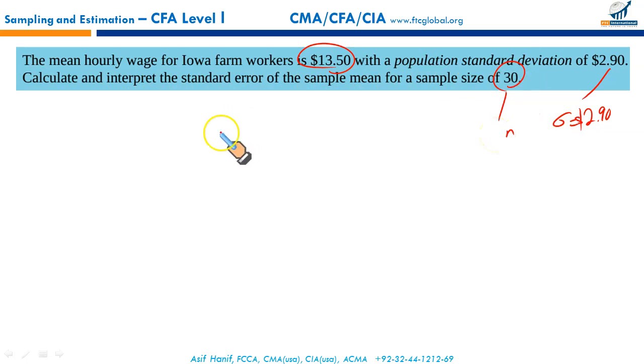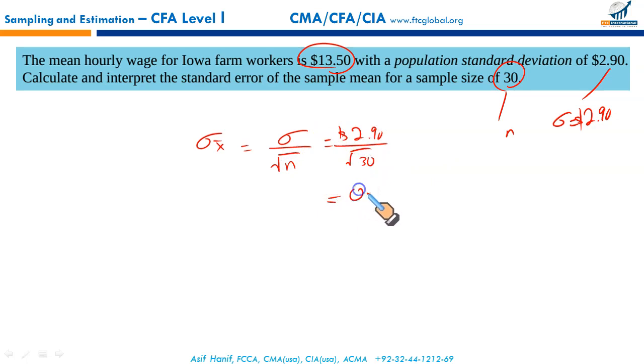Now we have them. Standard error of the sample mean is equal to the population standard deviation divided by the square root of the sample size. So it's going to be $2.9 divided by the square root of 30. And it gives you a result of $0.53. The conclusion stays the same.